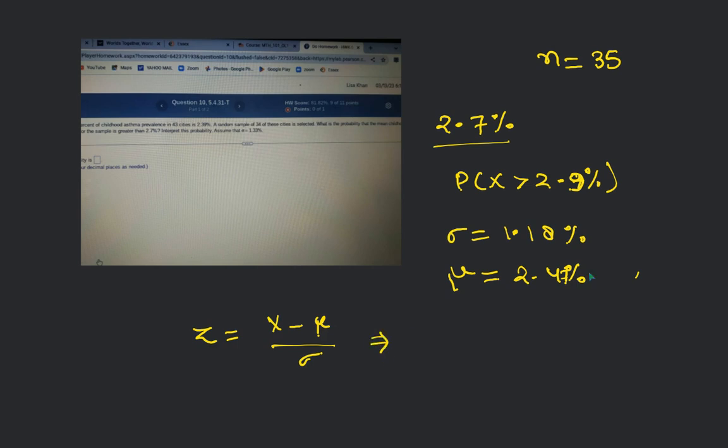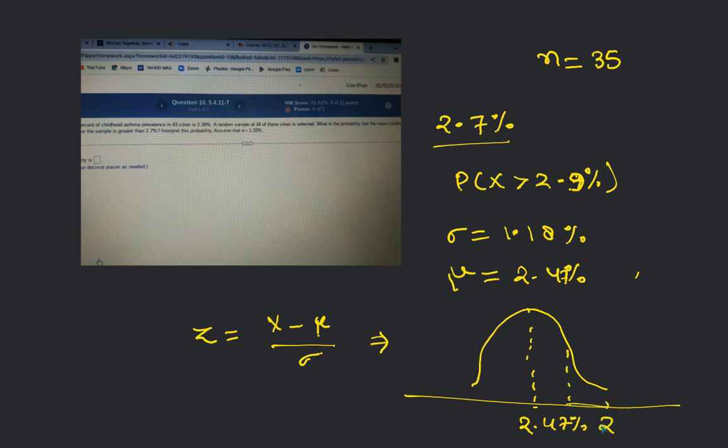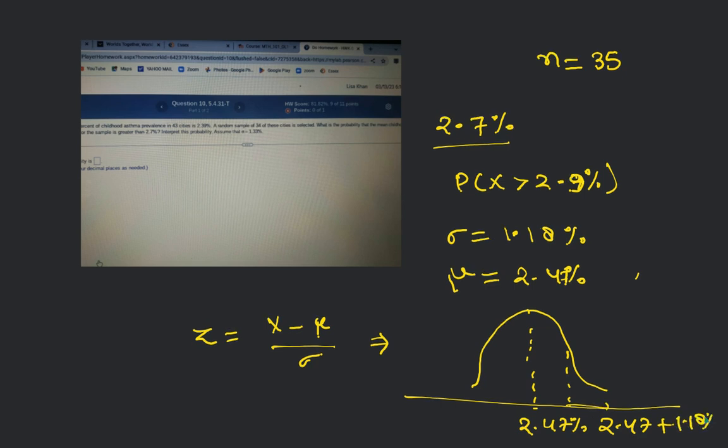Since we need to find the probability, the mean is 2.47%, and this is the standard deviation, so the first standard deviation will be somewhere here, and this is 2.47 plus 1.18%, and somewhere here is 2.47 minus 1.18%.